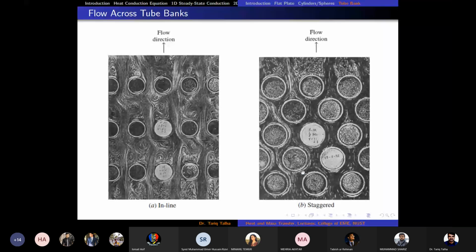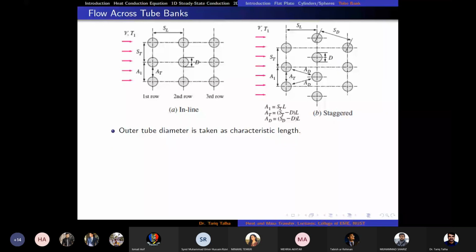In this case SL is very small as compared to ST. So I hope this point is clear to you all, that this possibility can happen for the staggered arrangement.